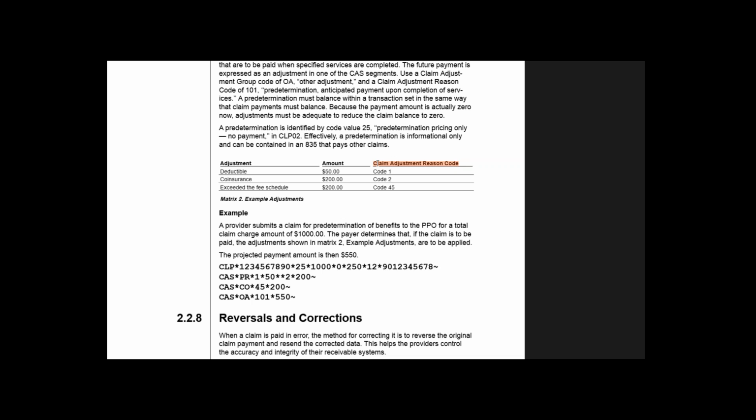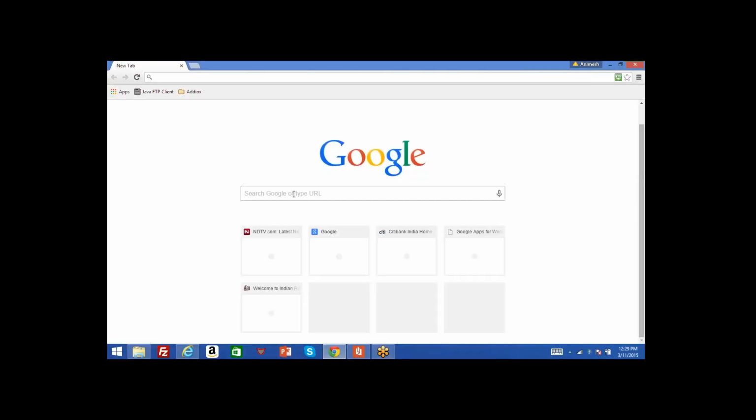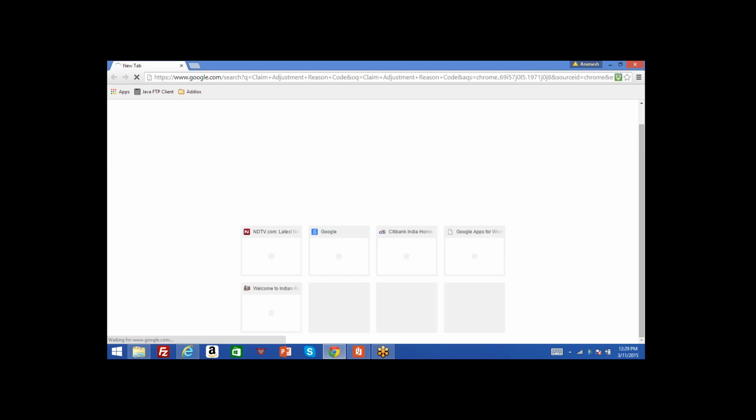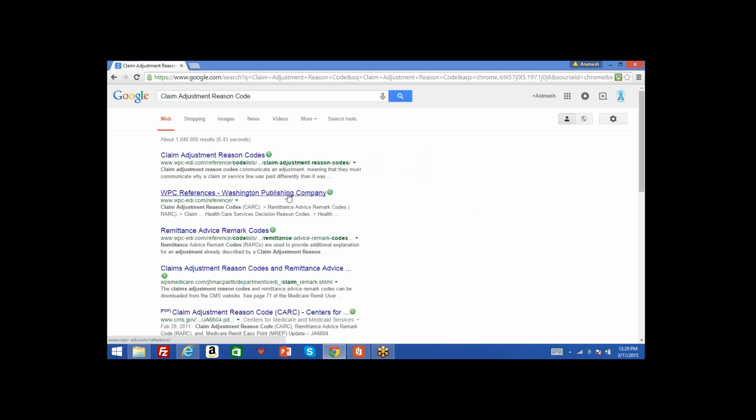So how will the claim look? The claim which was submitted will have line A and procedure A and procedure B, and the charges were $100, $100. Whereas when the claim goes back to the physician, to the payee, it will have 3 lines, where line A and line B will be in a denied status, and line 3, which is a new line added by the claim system, will have the same 200 charges.